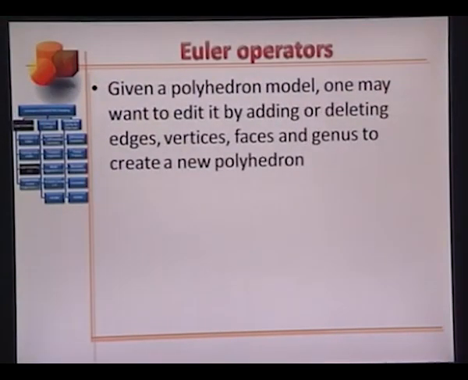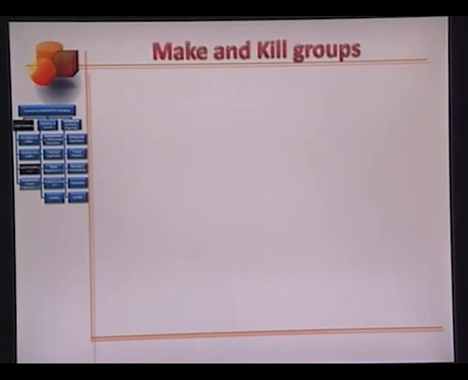Given a polyhedron model, one may want to edit it by adding or deleting edges, vertices, faces and genus to create a new polyhedron. One can use Euler operators for this purpose. There are two groups of Euler operators, namely the make group and the kill group.